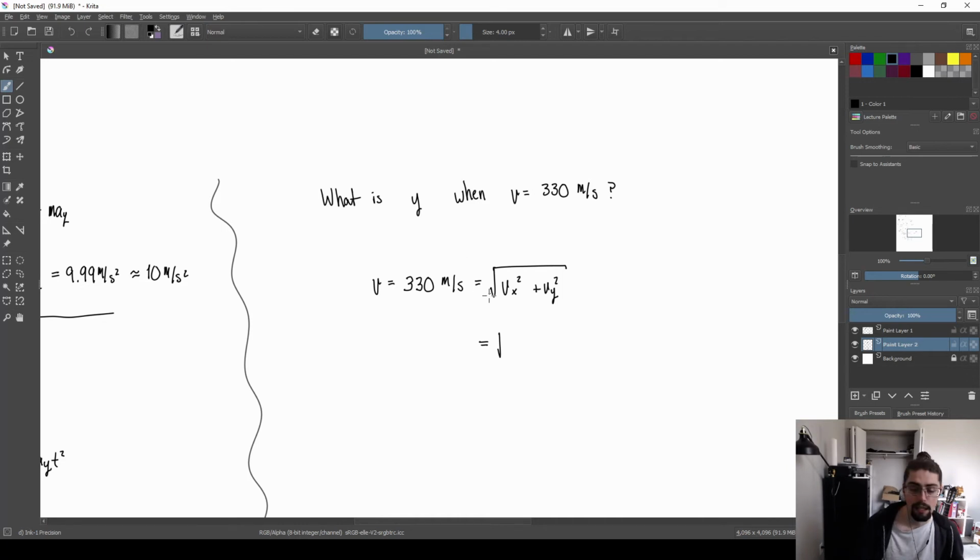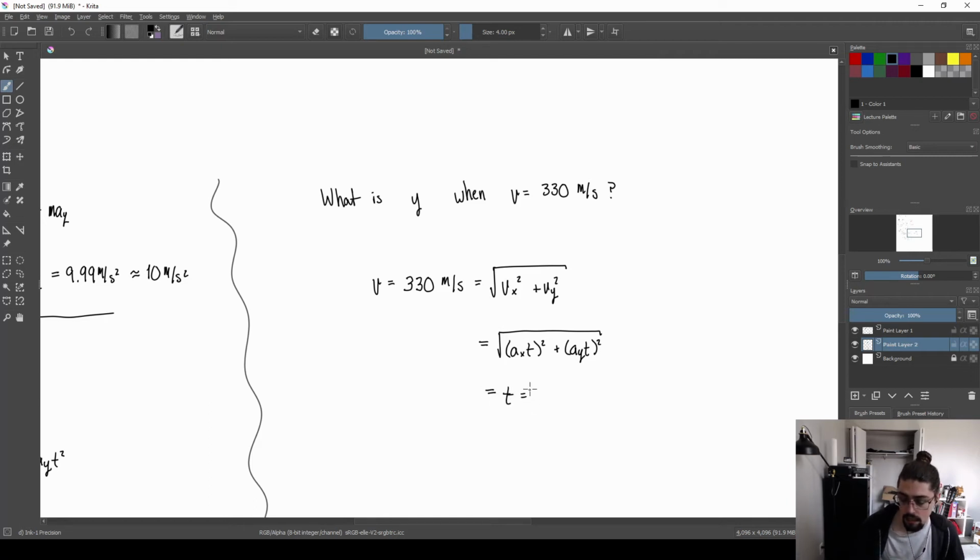So, my x is simply, since we start at 0, a of x times t squared plus a of y times t squared. There's a t squared in each of those. Let me make my life a little bit easier and pull that t squared out of the radical.